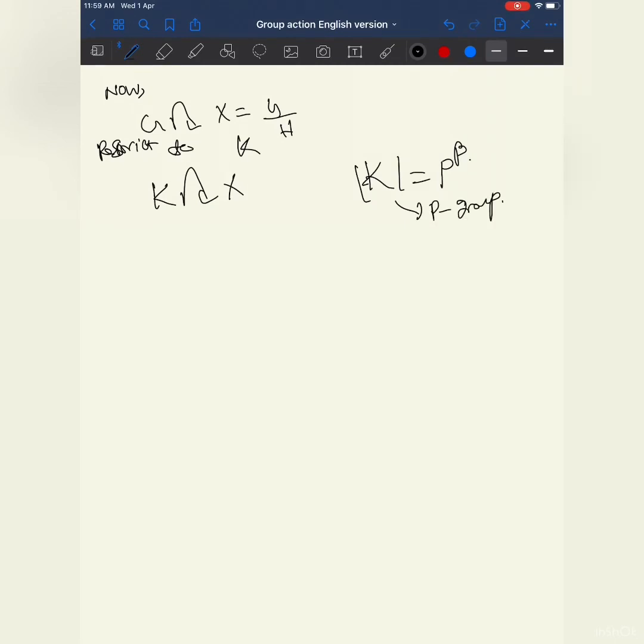I proved the fixed point theorem in previous lectures, and I am going to use it here. Since p does not divide the order of X, by the fixed point theorem, you had better watch the fixed point theorem.